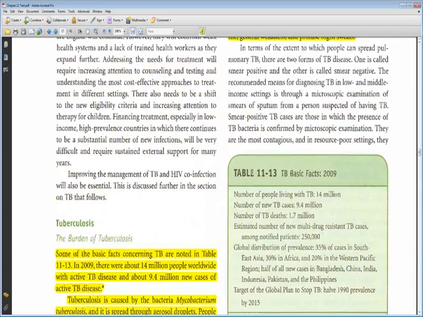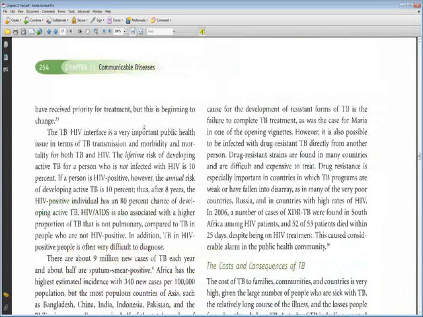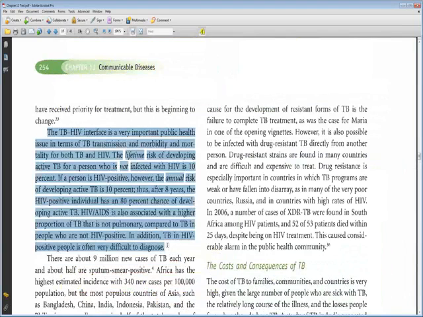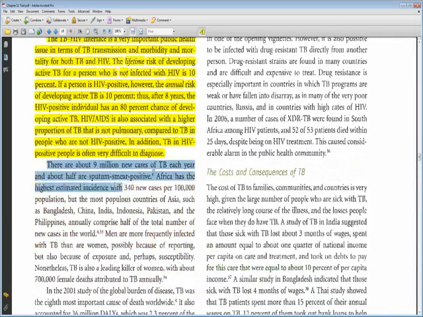TB basic facts, table 11:13. And the next section talks about the problems of TB and the HIV interface. So give some special attention to that.